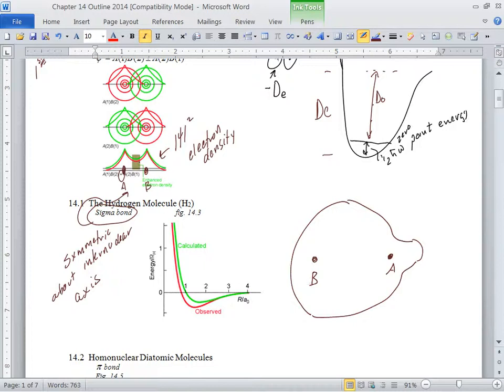It connects A to B. That's an axis, so I can keep going, right? And you can spin it. If you think of this as a three-dimensional object, this weird lobe-looking thing, that's something that's symmetric about the internuclear axis. You see what I'm trying to get at?